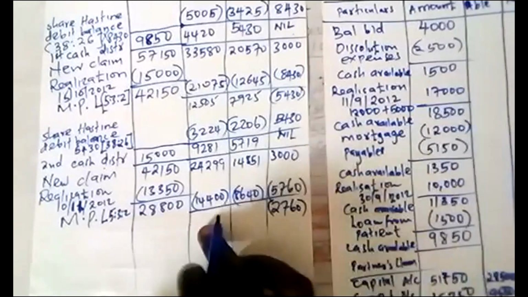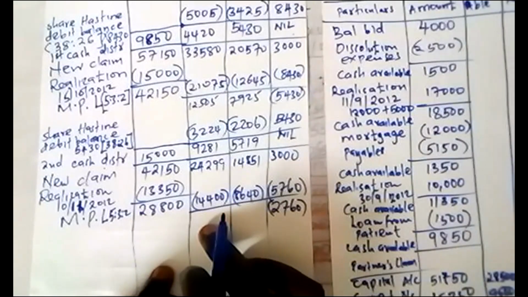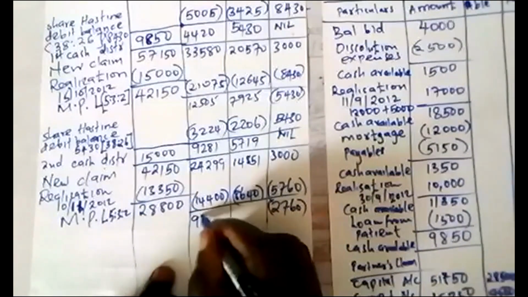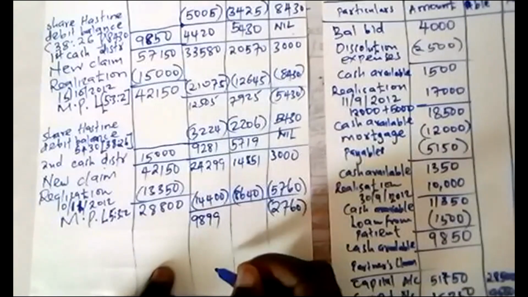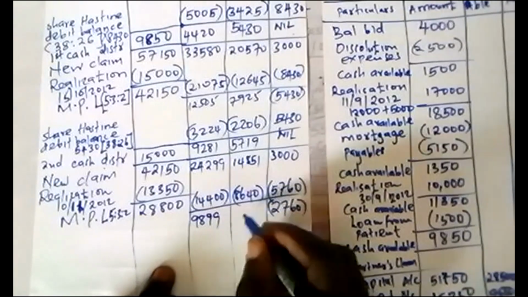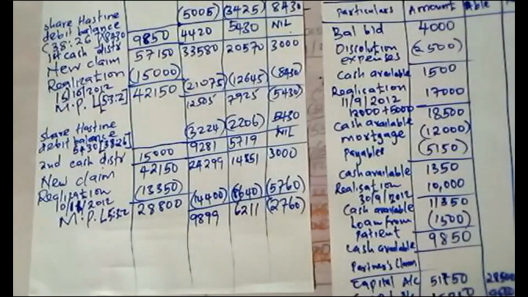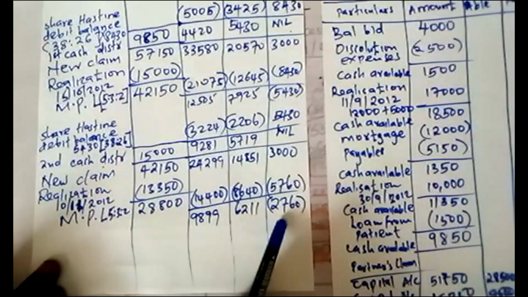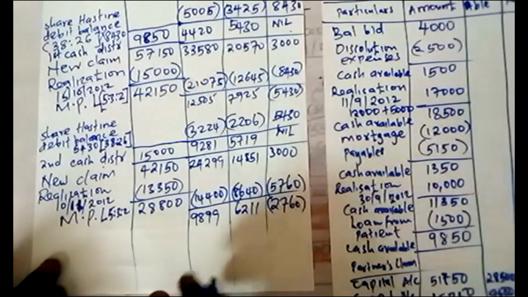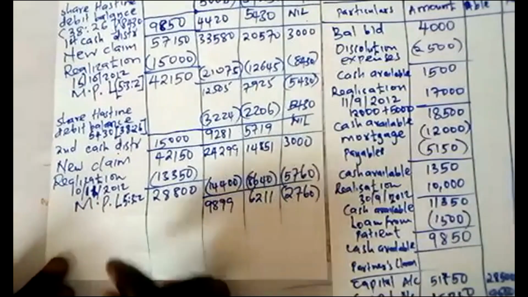This one is for Able, which is supposed to be 9,899. Then this one is 6,211. I think you are getting the same figures. That is correct. So what I'm supposed to do is share this amount of Hastings, which is a debit.